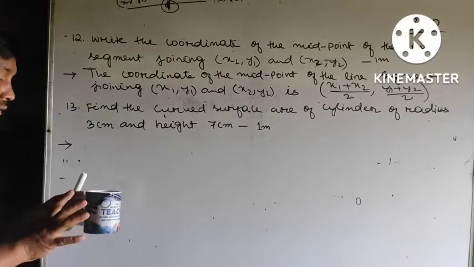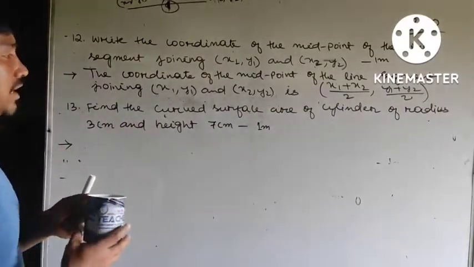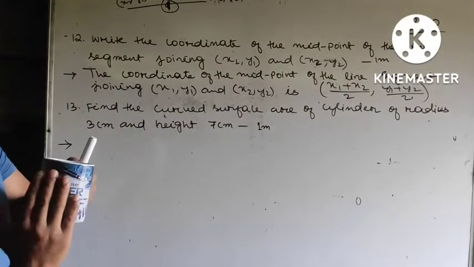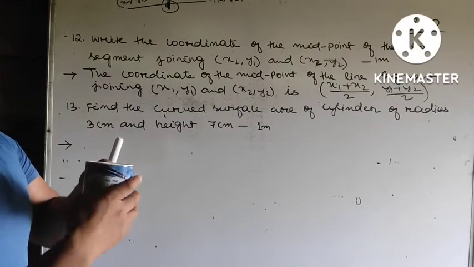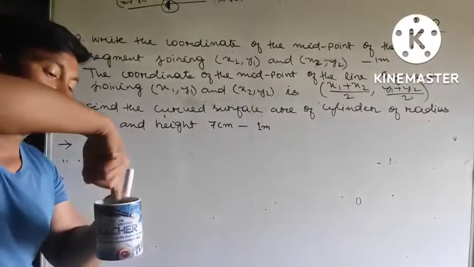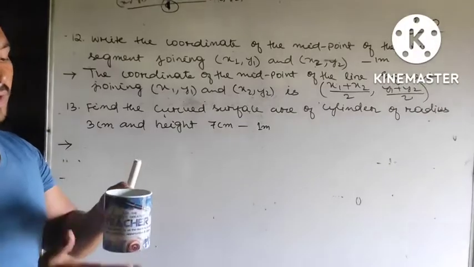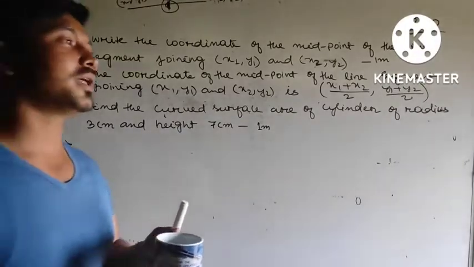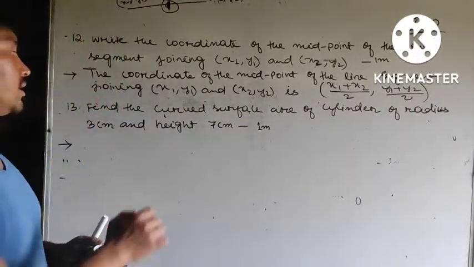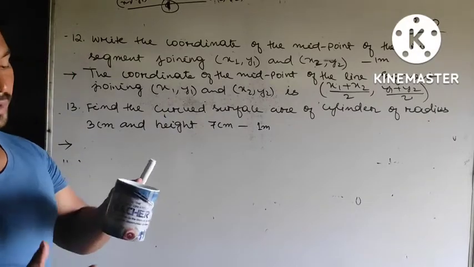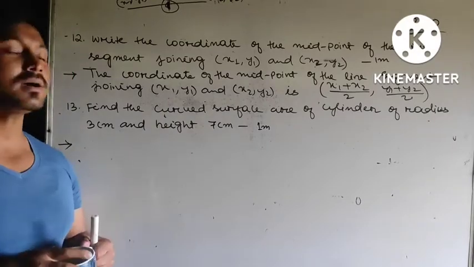So to find the curved surface area means only the outer area, or only the inner area, right? If inner and outer both are included, then we call that the total surface area. But it says curved surface area, so we have to find only the outer or only the inner.